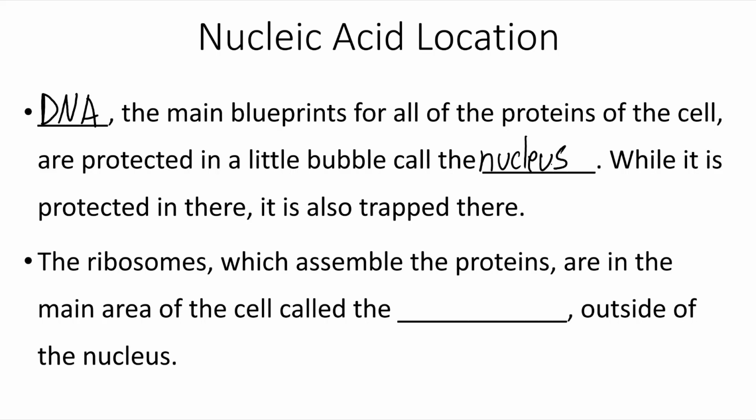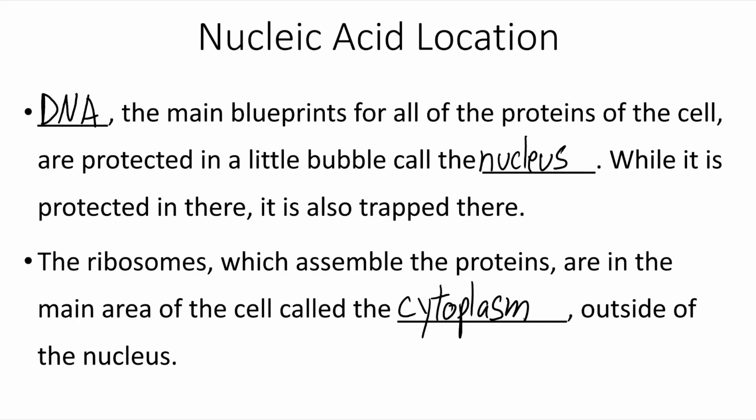The ribosomes, on the other hand, which assemble the proteins, are found in the main area of the cell called the cytoplasm, which is outside of the nucleus. So you can really think of the cell being divided into two compartments. We have the nucleus, which is the center, and that's where the DNA is found.